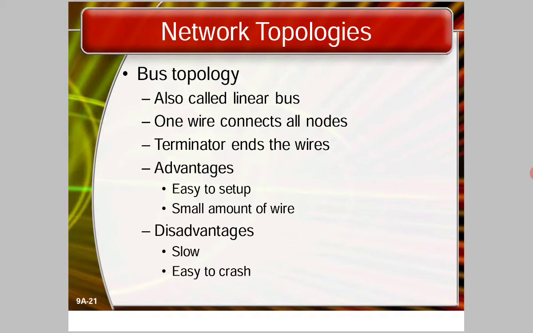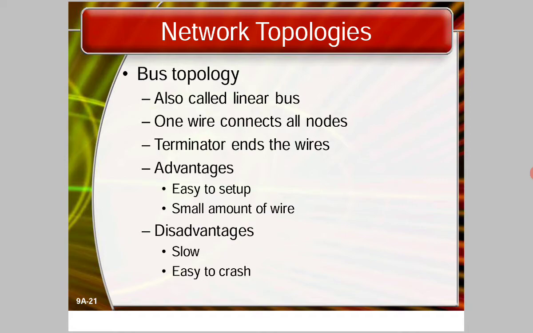So what is a topology? Topology is the logical structure of a network. It is a logical design or logical plan of a network using some cables, meaning wires and cables, and devices like hubs, switches, routers, repeaters, like that.